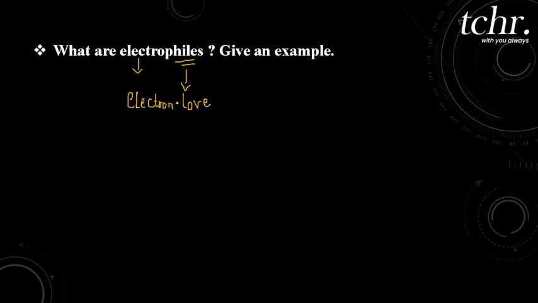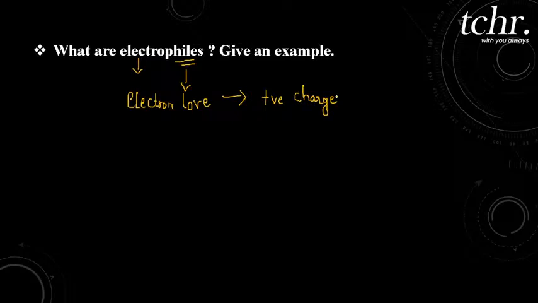Once an electron comes near it, it will be attracted towards it and grab the electron, because it is an electron deficient species. So electron deficiency means definitely they should have what charge on them? They should have positive charge on them, because they have a deficiency of electrons, right?